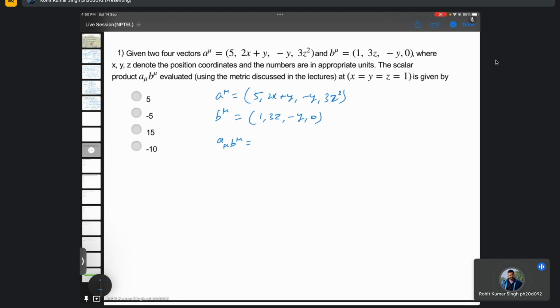Now you know that to find this scalar product, we can use the metric tensor for the four dimensional space, right? So we can write it like this.